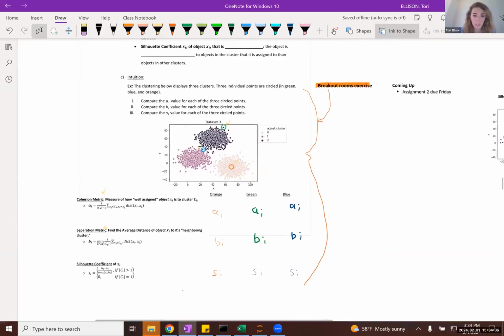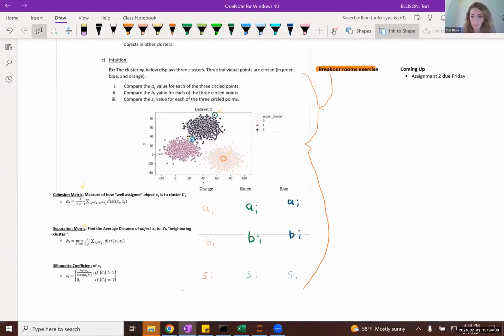I will open up the breakout rooms in just a second. Use the silhouette score equation, these three equations here, to roughly approximate what these three silhouette scores would be for each of these three distinct points. Talk about that with the people in your group, and then we'll meet back and discuss.